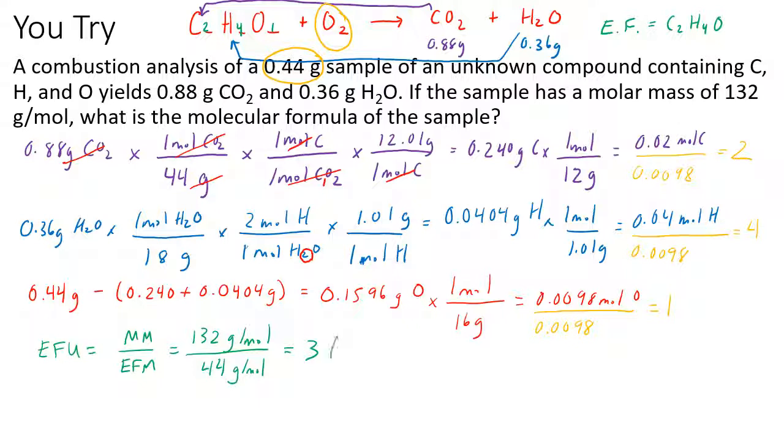So we'll do 3 times our empirical formula, C2H4O, and that gives us our molecular formula equal to C6H12O3. And that would be our final answer for this problem.